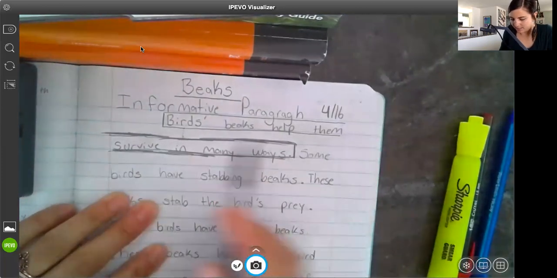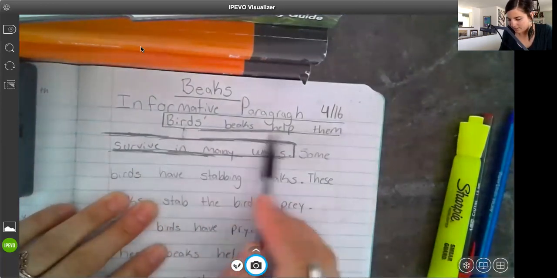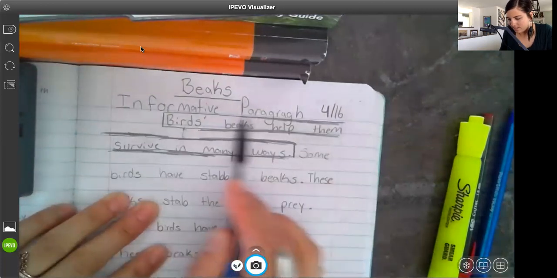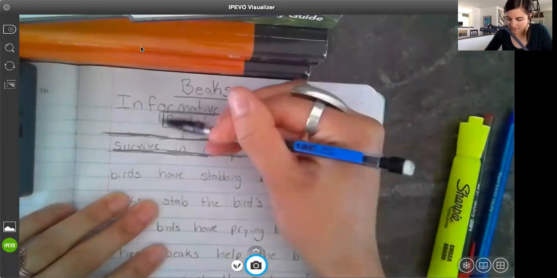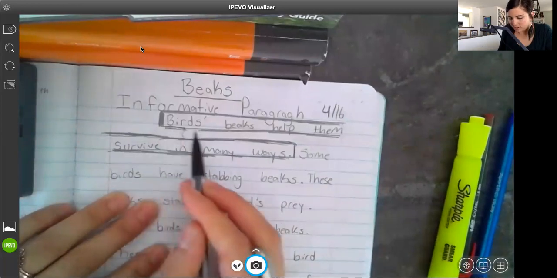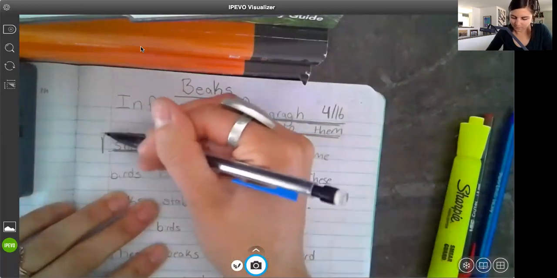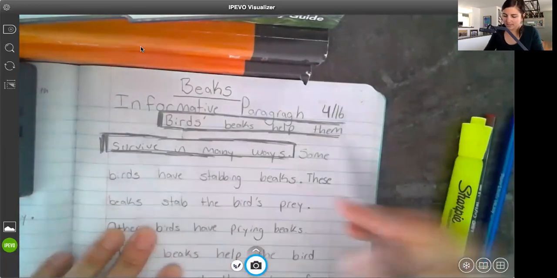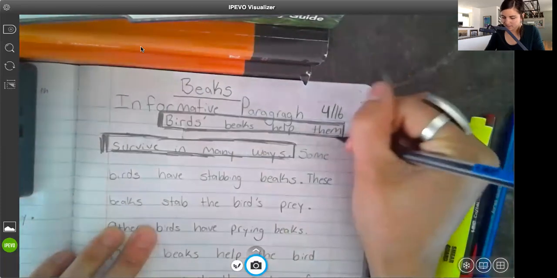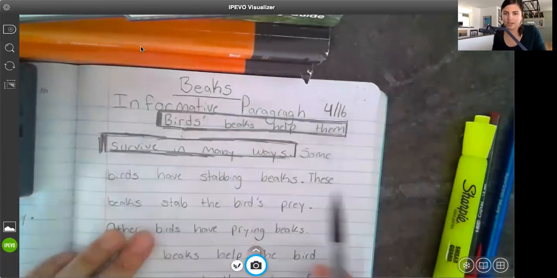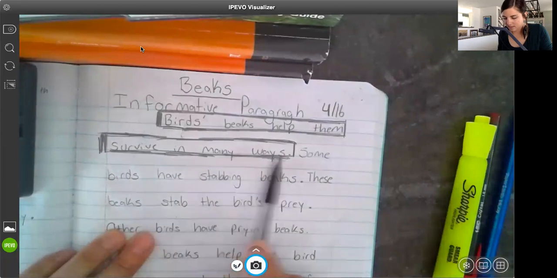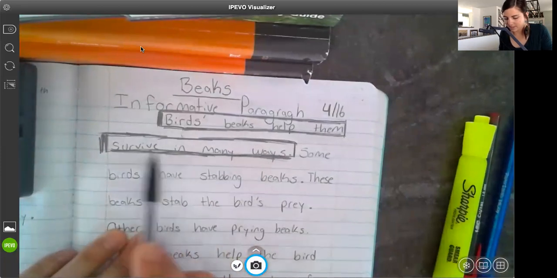It's the topic sentence. So I'm gonna box this. If you have a highlighter, you can highlight it. So what is our topic sentence? Birds' beaks help them survive in many ways. So it's kind of gonna be like a different type of code.